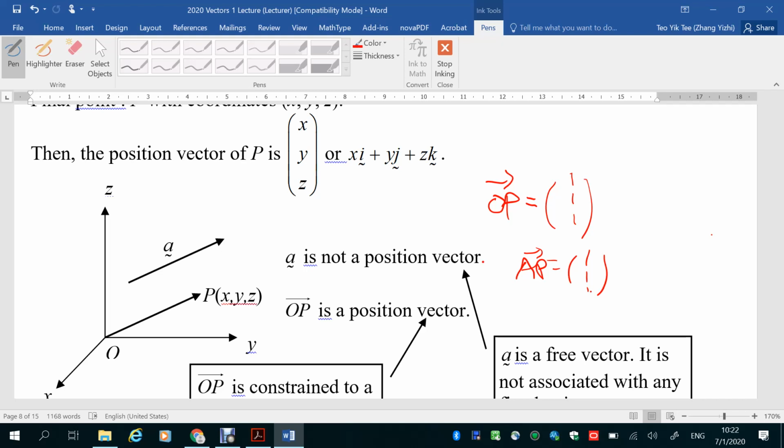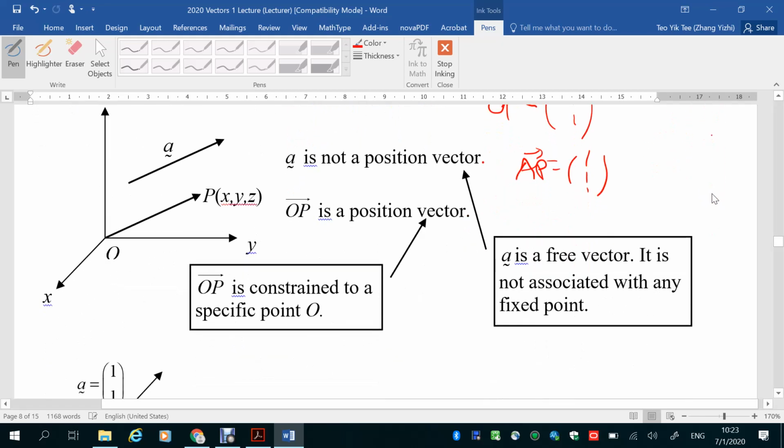Can you understand? However, if I tell you a is 1, 1, 1, with a small letter now, what does it mean? It no longer means a point, it means a direction. It means this direction, 1, 1, 1. If you look at what you have in your lecture notes, it will look like that.